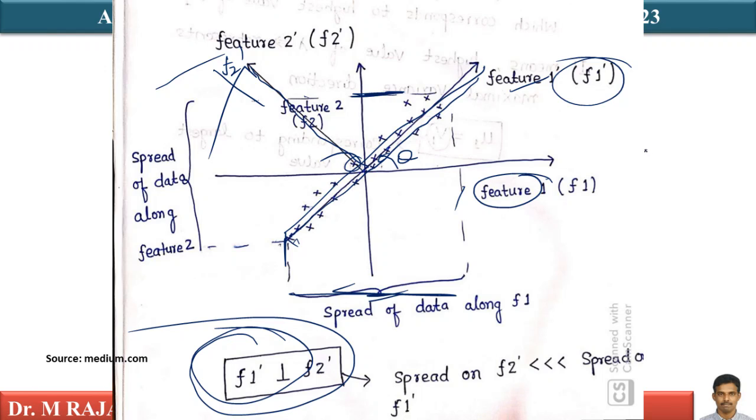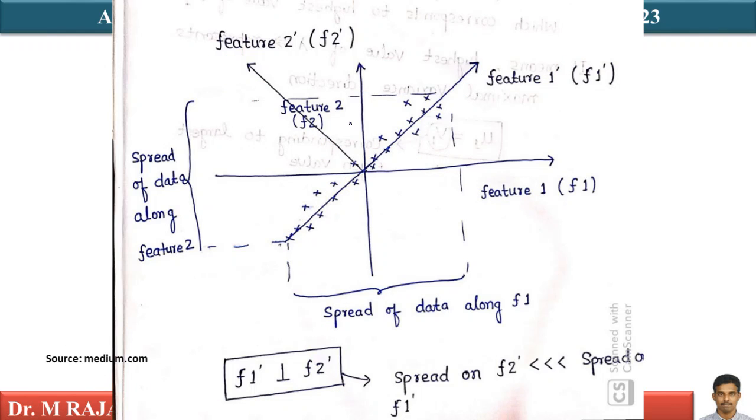Let me write the steps otherwise. Above, the steps have been done. Steps have been done on the above mentioned data set to obtain F1 dash, comma, F2 dash.